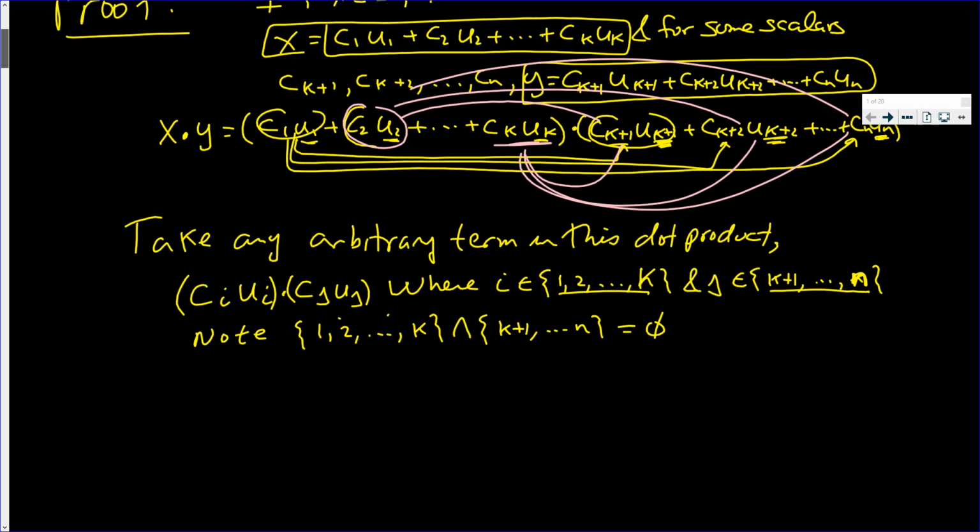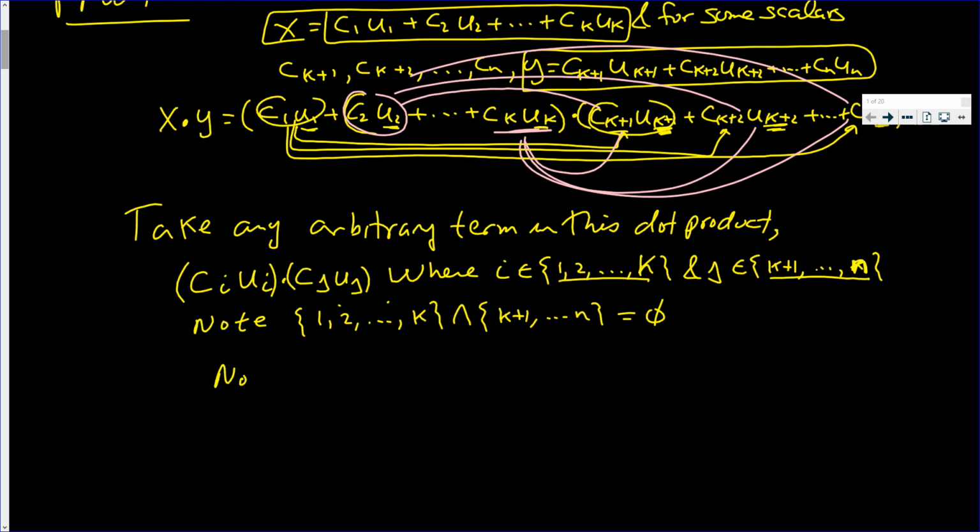Okay. Now, C_i U_i dotted with C_j U_j is equal to C_i C_j times U_i dot U_j. We proved that in the video on properties of dot products.